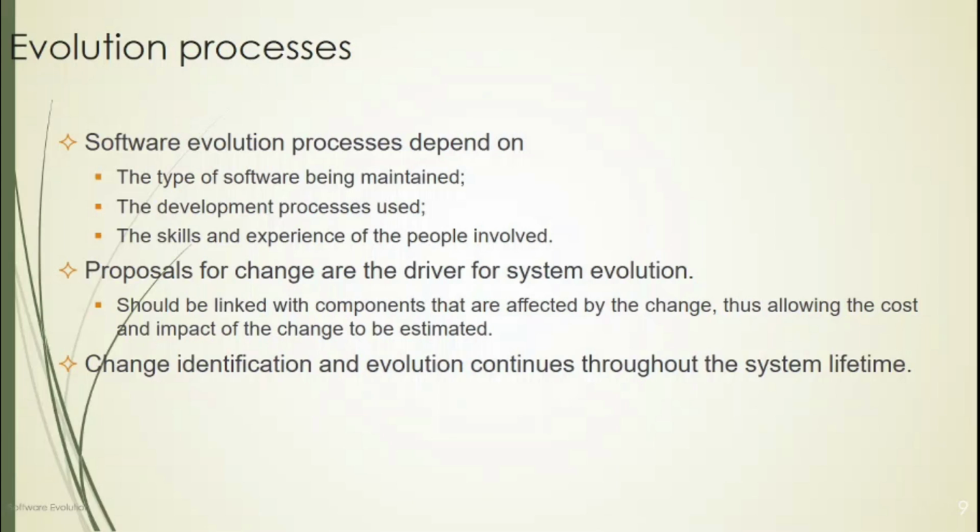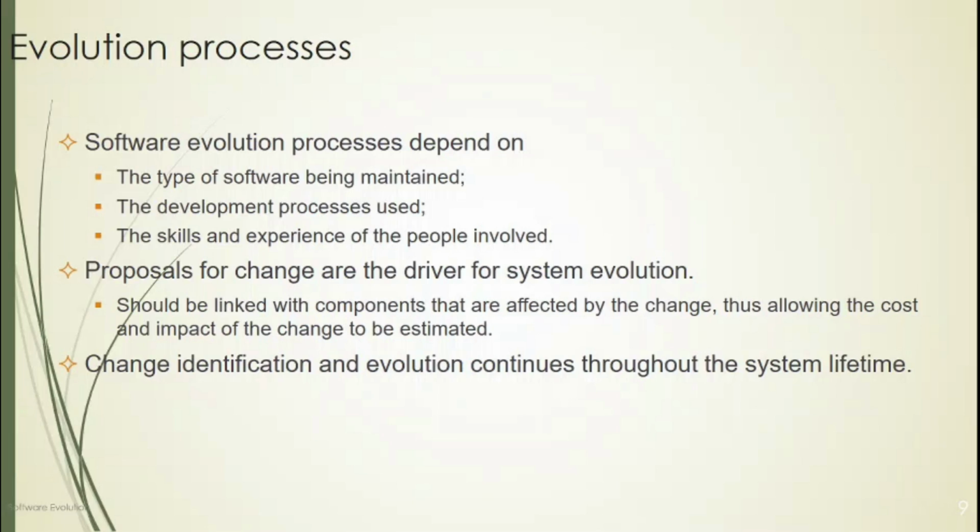The evolution process depends on the type of software being maintained, the development process used, and the skills and experience of the people involved. The software evolution process depends upon the software, how we want to maintain it, and the development process used, whether the evolution can be made for that particular software or not.